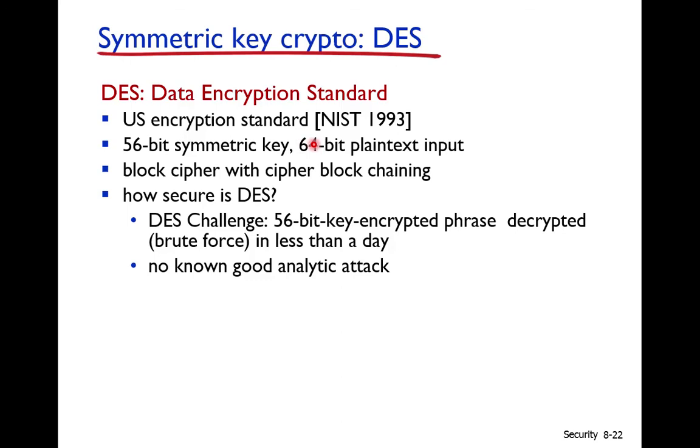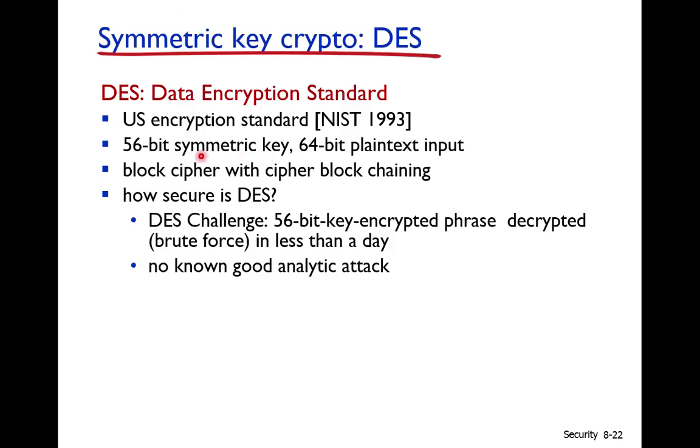So on each 64 bit block, the 56 bit symmetric key is applied. If the text is more than 64 bits, it is divided into 64 bit blocks, and each block is encrypted using the 56 bit symmetric key. We will discuss its working later on.